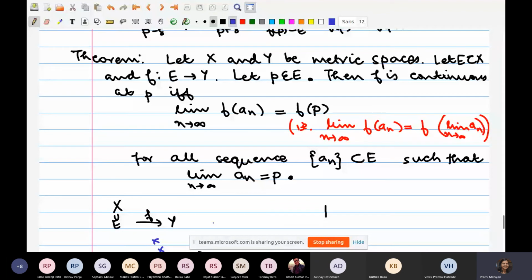So I will skip the proof here because it's much the same, and I hope you will be able to fill in the argument. I will instead talk about an example to illustrate what this theorem is saying. So let's do that example.